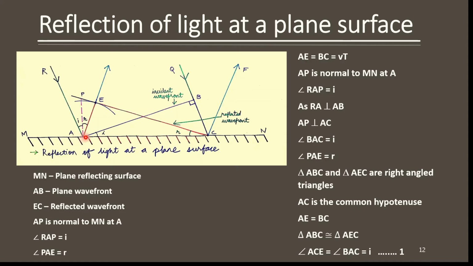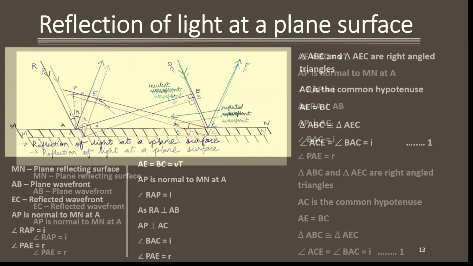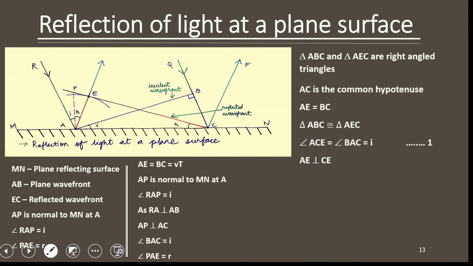Angle ACE is equal to angle BAC is equal to I. AE is perpendicular to CE. AP is perpendicular to AC. Angle ACE is equal to angle PAE is equal to R.